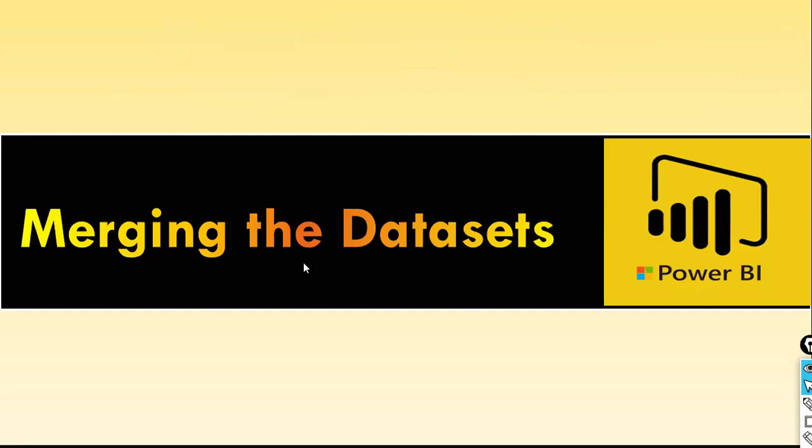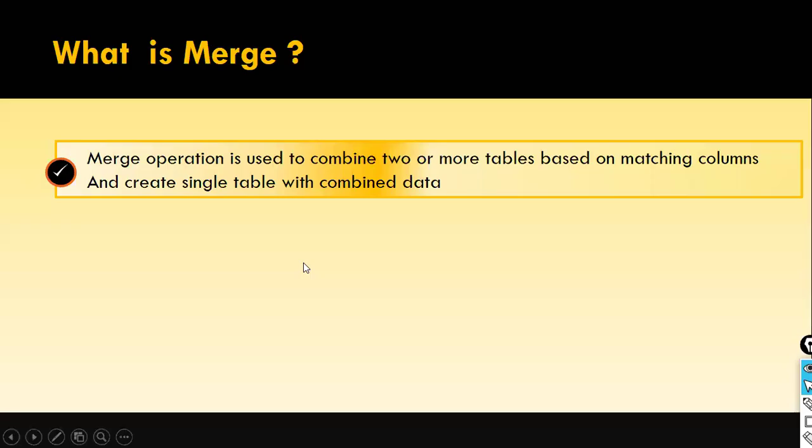Now, in the case of merging, we are going to combine 2 or more data sets, columns, or tables. So combine 2 or more tables or files' data. You need to have a matching column between the tables or files.